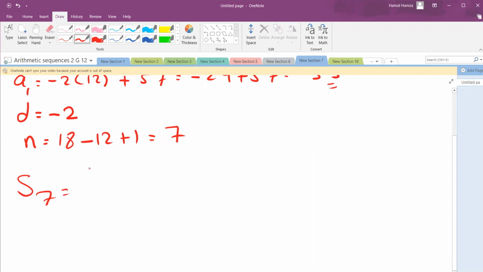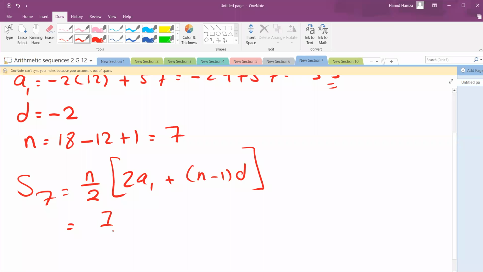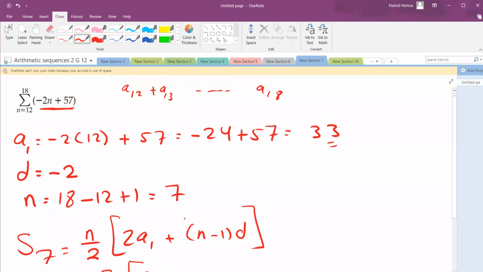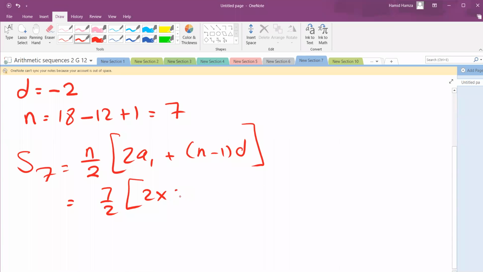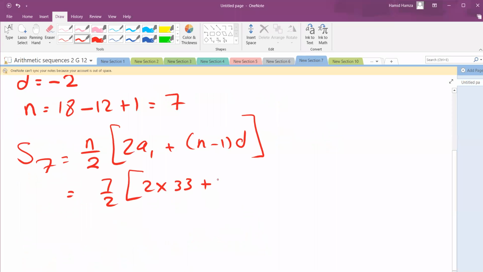So S7 will equal n over 2 times 2 A1 plus n minus 1 multiplied by d. So it will equal n, which is 7 over 2, 2 multiplied by A1, which is 33, plus n minus 1, so n is 7, minus 1 will be 6, multiplied by d.